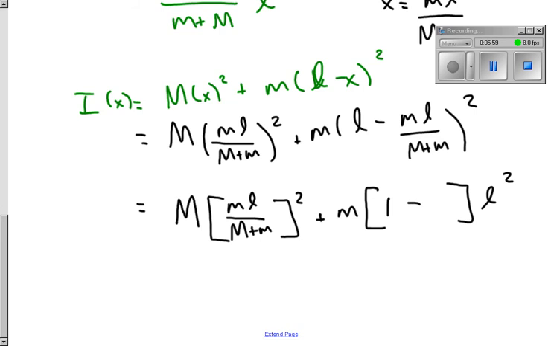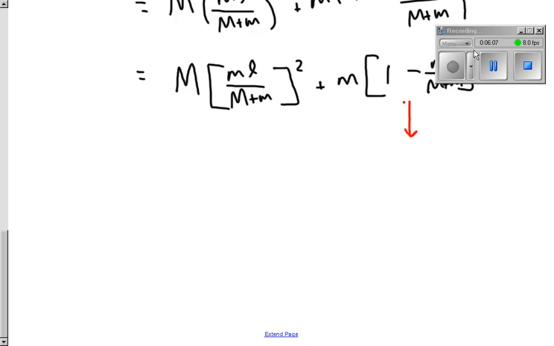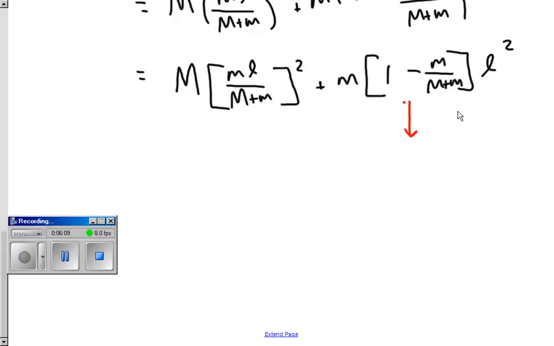We're going to have a 1 here, and then we've got an m over the sum of our masses here. This term right here, we can simplify a little bit because, coming up with a common denominator, we end up seeing that this is M plus little m over M plus little m, plus, and we had a negative sign here, little m over M plus m.